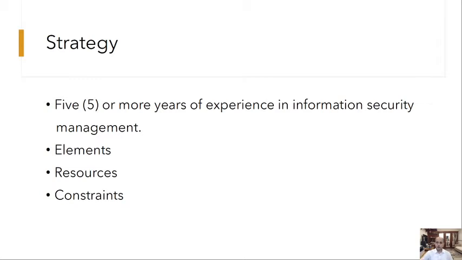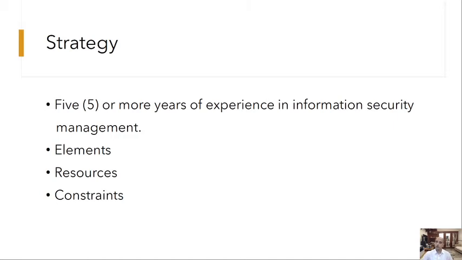Okay, if we are talking about the resources, resources can be the overall things like the policies, standards, procedures, guidelines, architecture, controls, countermeasures, layered defense, business impact analysis, risk analysis, training, awareness, education, whatever things we can use to achieve that particular goal come under the resources.